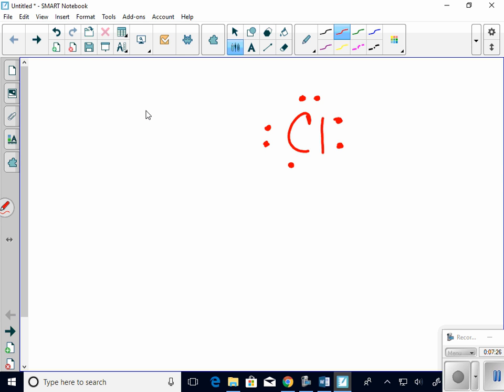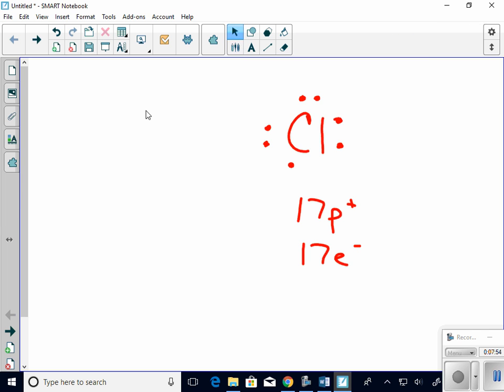What is chlorine going to want to do? Add or lose electrons? It's going to add how many, Andy? Add 1 electron, right? Chlorine wants to add 1 electron. Now, right now as I look at chlorine, it has 17 protons, it has 17 electrons. Okay, so 17 pluses, 17 minuses.